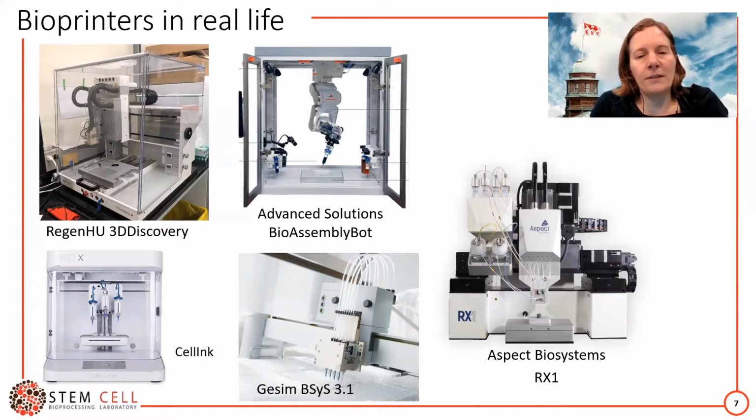In our lab we've got a RegenHu 3D Discovery, which is based on extrusion printing. We also have, together with Luc Mongeau, a bioassembly bot, which is a 6-axis robotic arm that can approach the object that you're printing from different angles, which is quite unique because it allows you to make curved geometries and things that are difficult to print via layer by layer assembly.